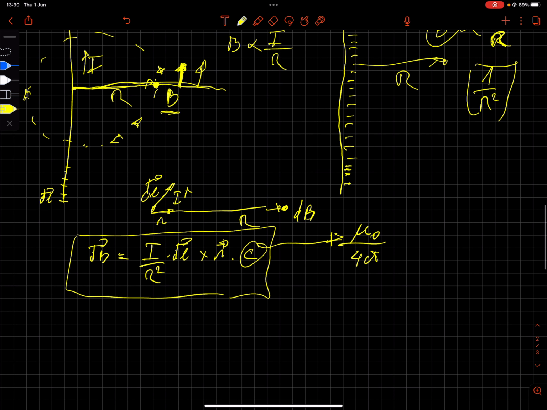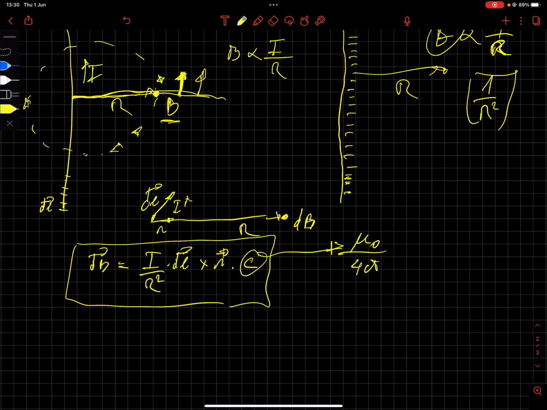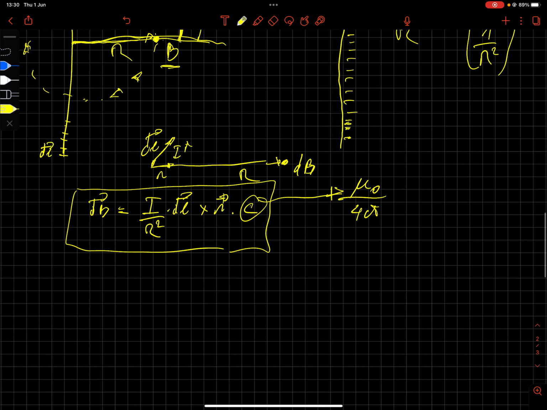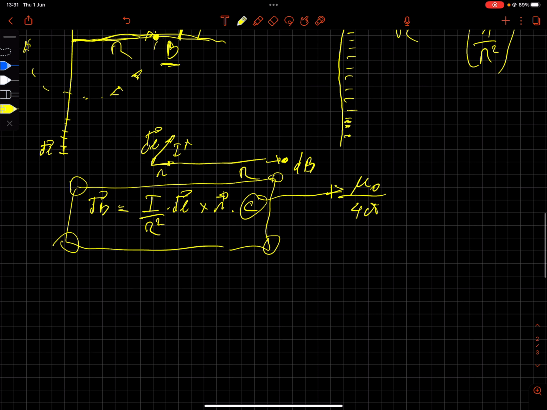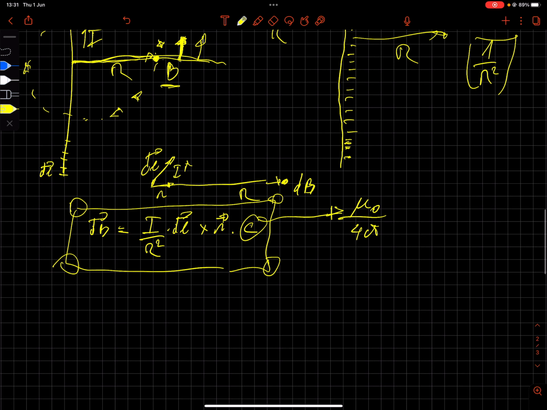They just had an idea of how to derive that formula, and after that they performed experiments and measurements, and it turns out that this formula is actually correct. So they had some ideas how to derive that formula, but after that you need to perform experiments and measurements to verify whether it is true or not.